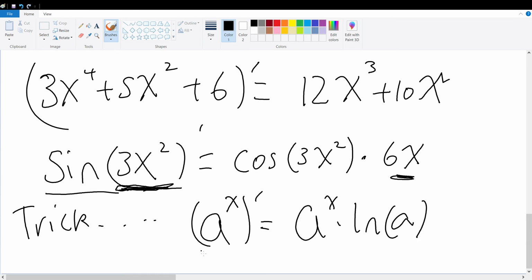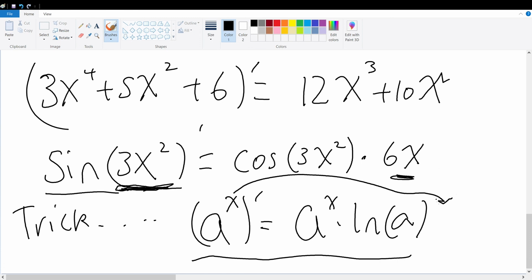So there are some derivative rules that you essentially need to memorize, because this doesn't really apply to the power rule; it is an exception. If you do the power rule, you get x times a to the x minus 1, which won't be correct. So that is something you need to be careful of.